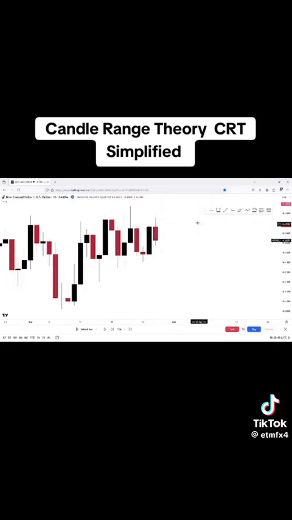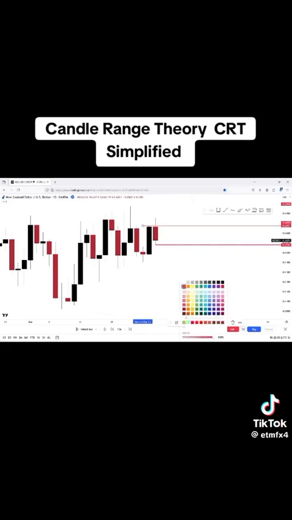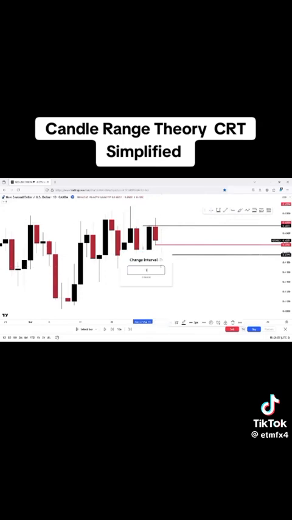Let's look at another example of your targets. So here you have your trigger point. Here you have the top of the range. And here you have the bottom of the range. Now let's go on the 1 hour.